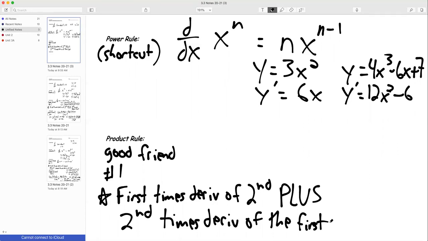Okay, so that is Newhouse's notation. Let me give you a little formal notation. Let's say I want the derivative of u times v, where u and v are functions. I want to have the first times the derivative of the second, so v prime, plus the second times the derivative of the first.